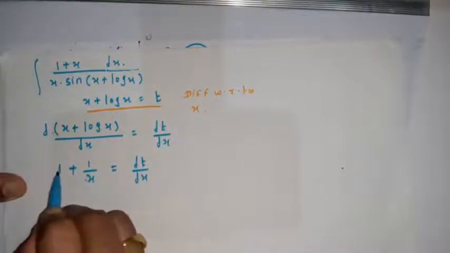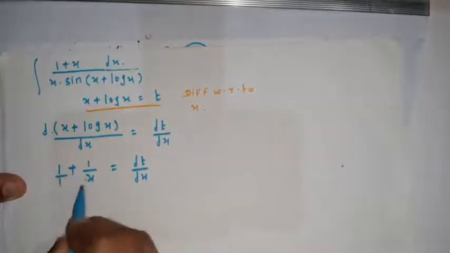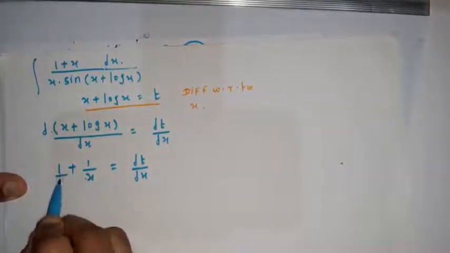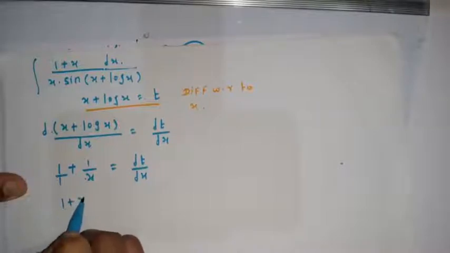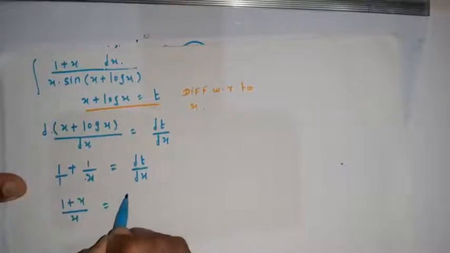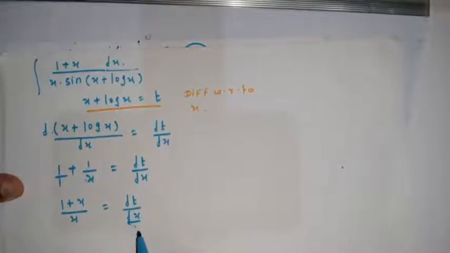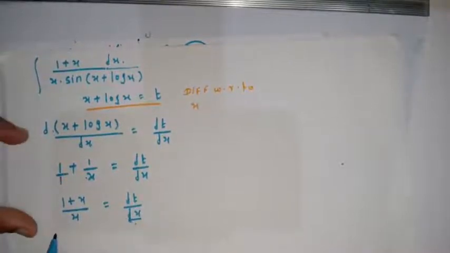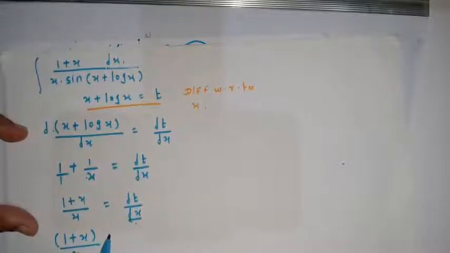Here x is the LCM, and therefore we get (1 + x) upon x equal to dt by dx. Now shift this dx to that side, and we get (1 + x) upon x into dx equal to dt.